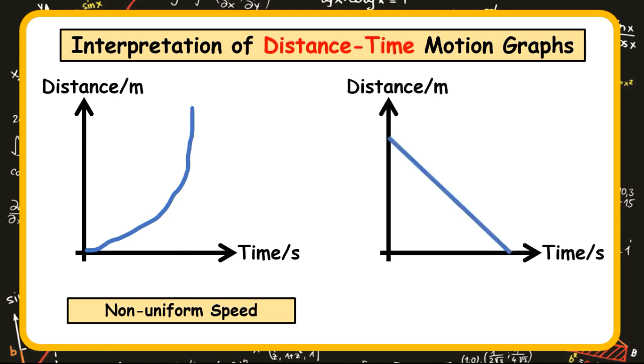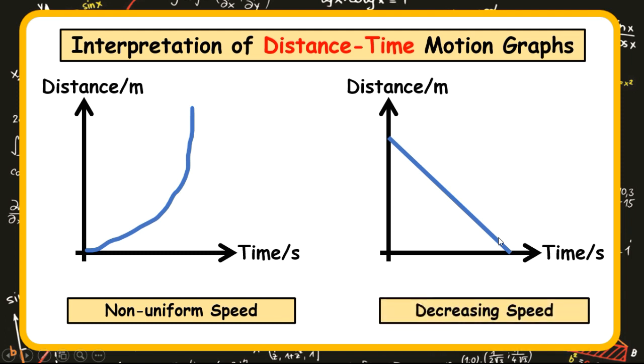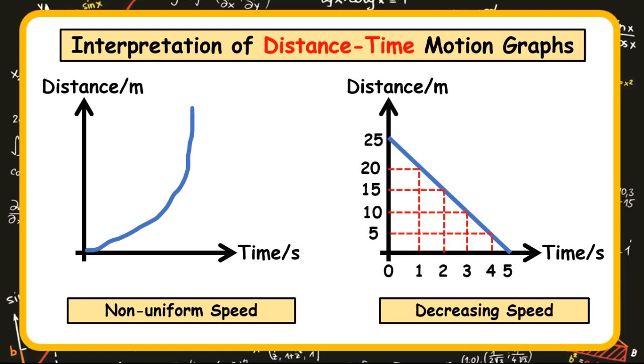The next graph is a graph of this nature, the blue line. With this, it is called decreasing speed. And this is the reason. If we give them values, at a time of 0 seconds, the body is at 25 meters. As the time increases to 1, the distance decreases to 20, 2, 15 meters, 3, 10 meters, 4, 5 meters.